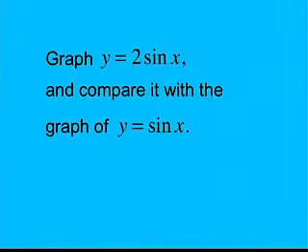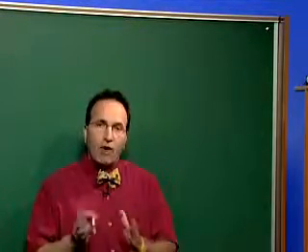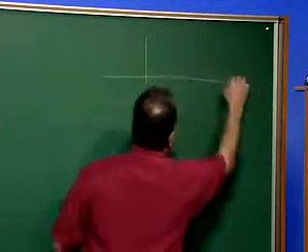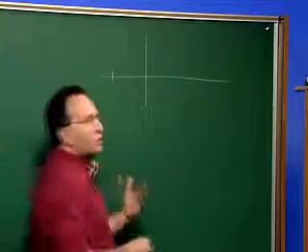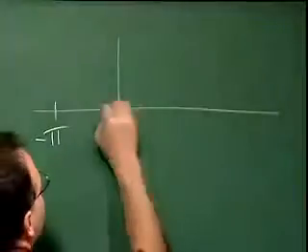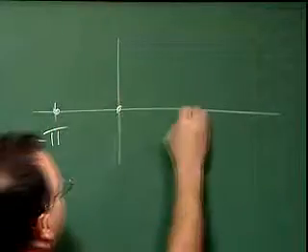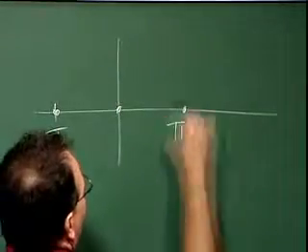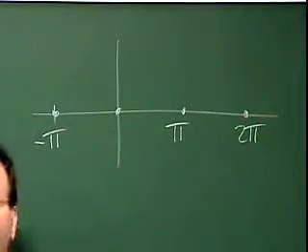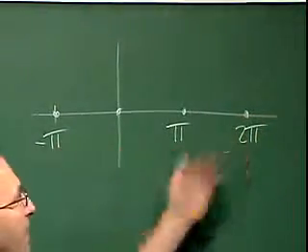Let's take an example. Graph y equals 2 sine x and compare it with the graph of y equals sine of x. Well, what I will do for you is first draw the graph of y equals sine of x. What's good is to label the key points. Remember that the sine has intercepts at multiples of pi, integer multiples of pi.